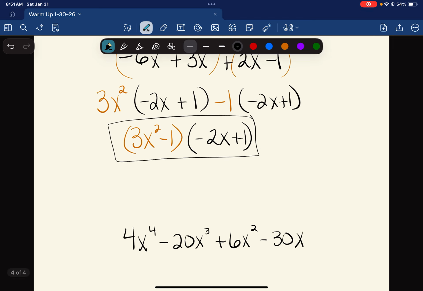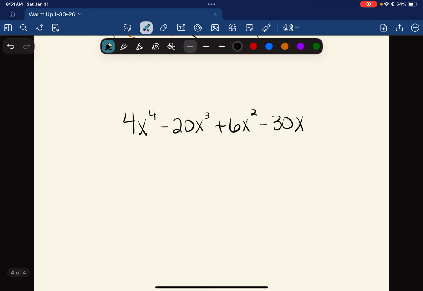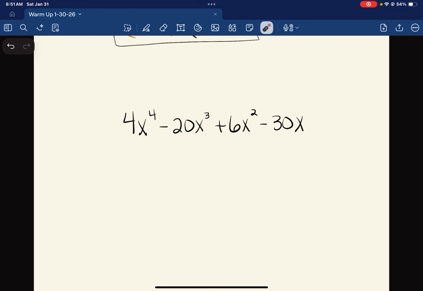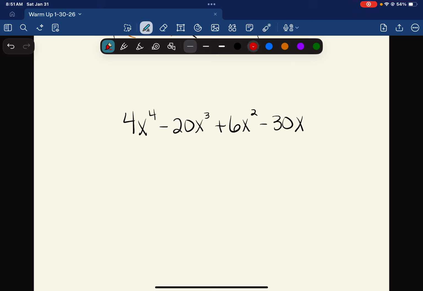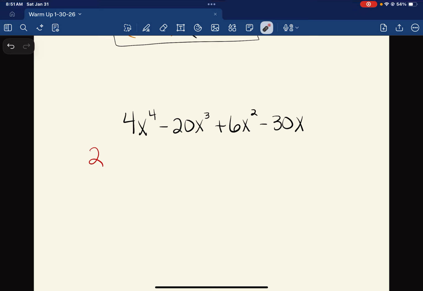All right, let's try another one. 4x to the fourth minus 20x cubed plus 6x squared minus 30x. I notice that every single coefficient is even, so they're all divisible by 2. So definitely need to factor out a GCF of 2, but then all of my variable expressions have an x in them, and this is x to the first power.